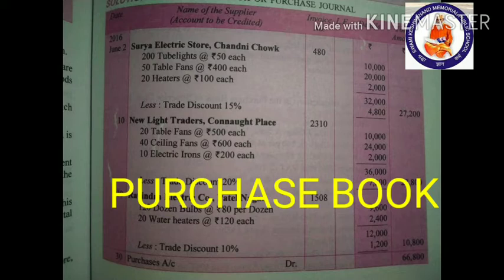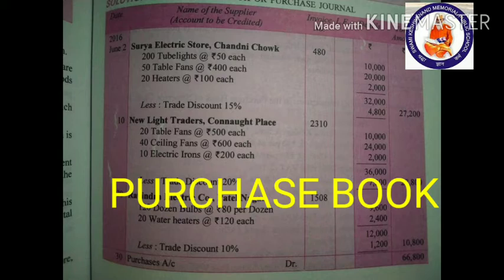Then the purchase book, we can say, is the book in which all the transactions related to goods purchased on credit are recorded. Goods purchased on credit means no cash transactions.